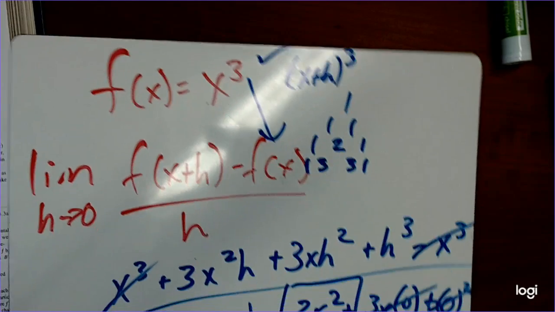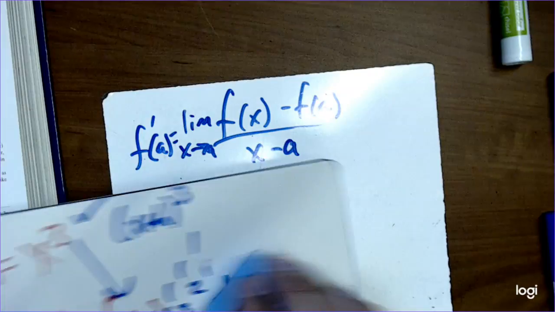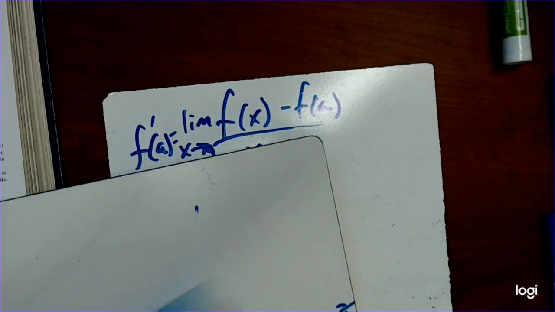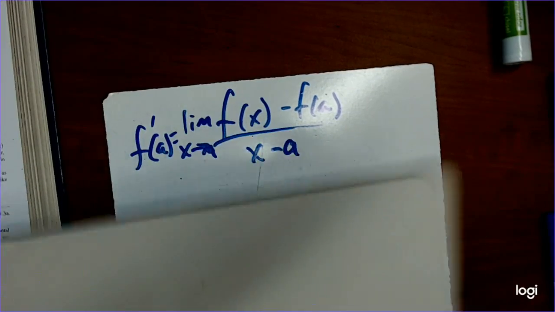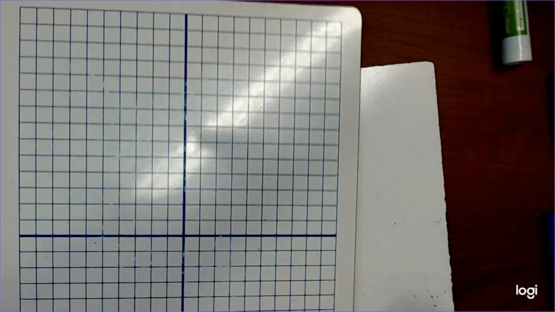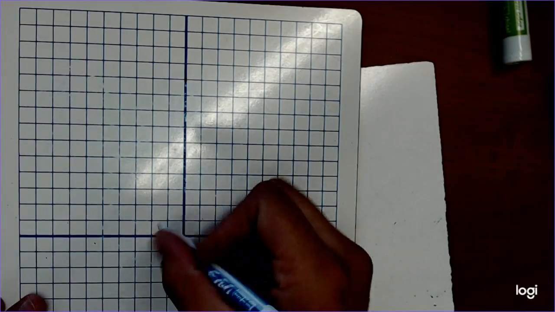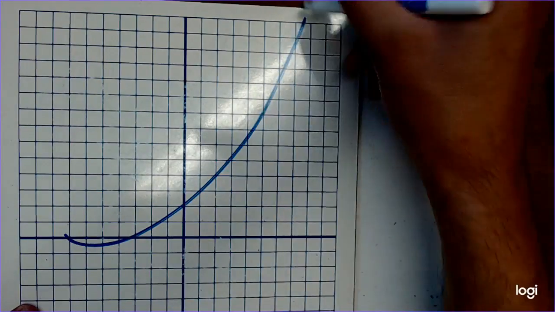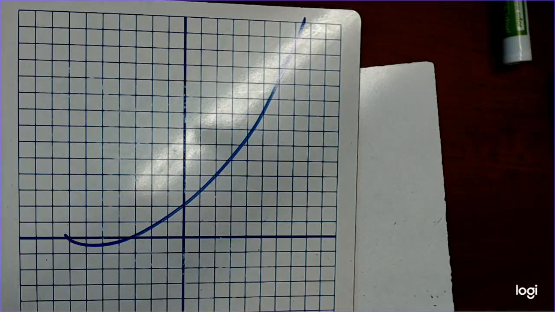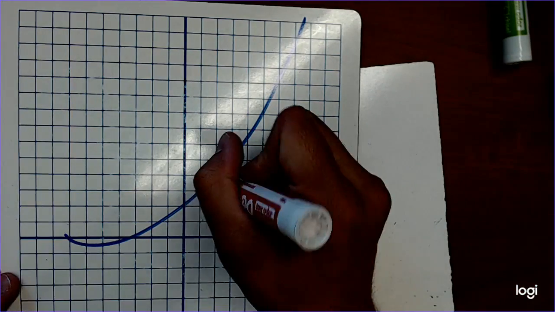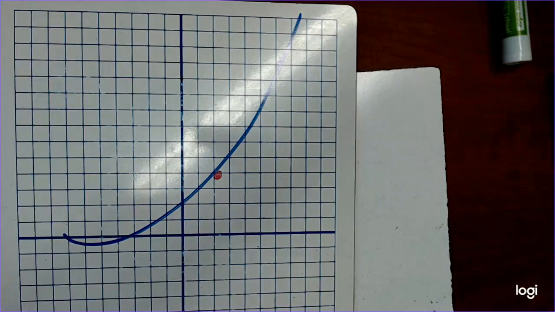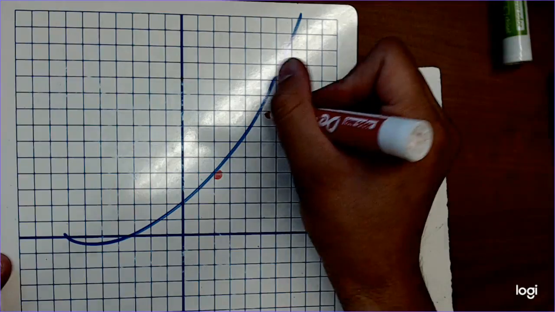If you remember f of x plus h minus f of x, the way we reasoned that was we had a curve, right? We had a point on a curve, and we were moving an infinitesimal amount to another point on the curve.